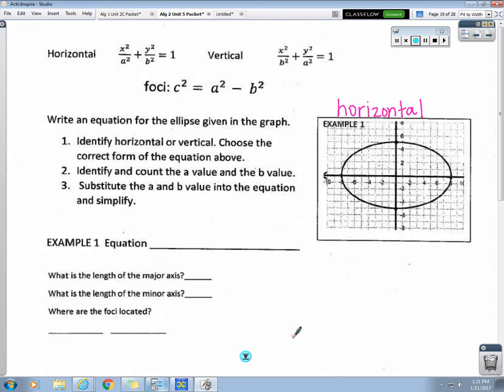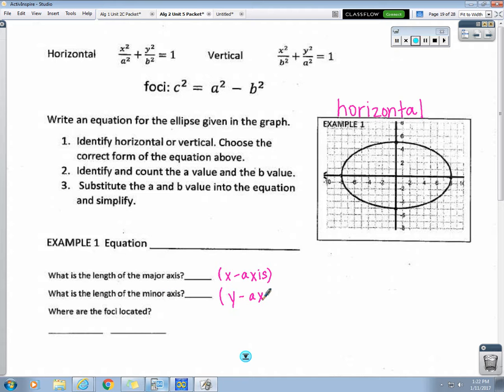Okay? Anytime you have a horizontal ellipse, isn't the length within the x-axis longer than the length of the y-axis within the ellipse? So with a horizontal ellipse, the x-axis is always the major axis. And that would mean the minor axis for this one is the y-axis.